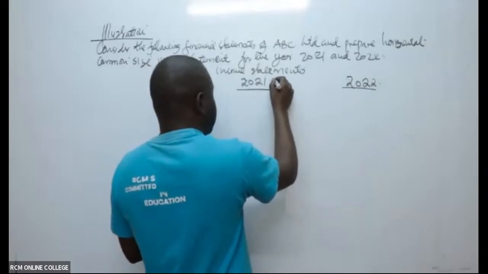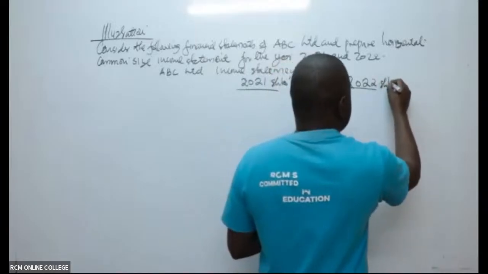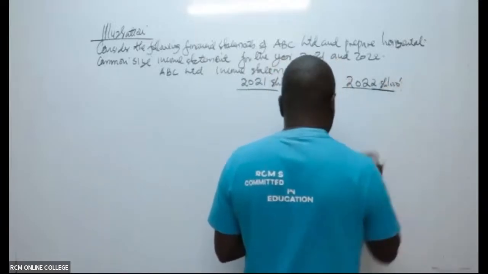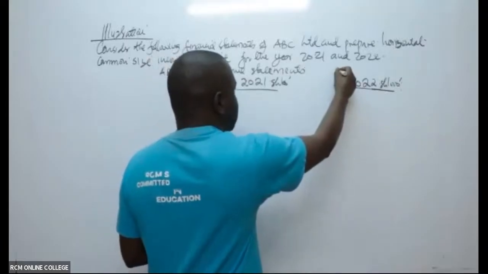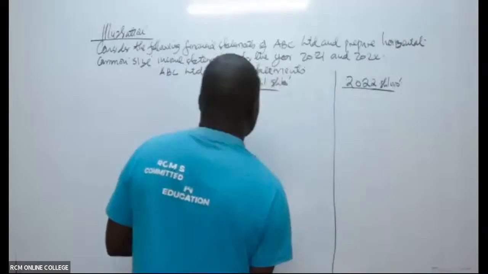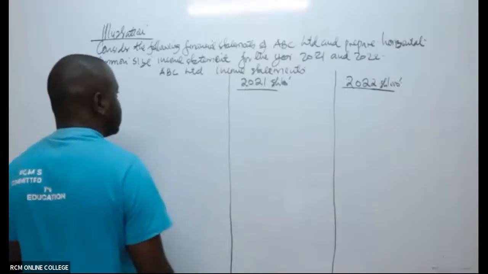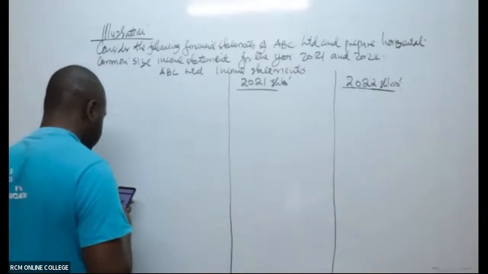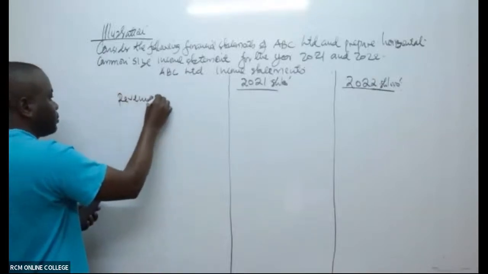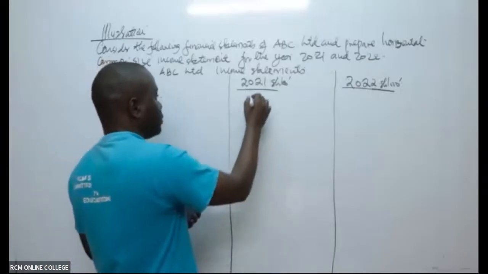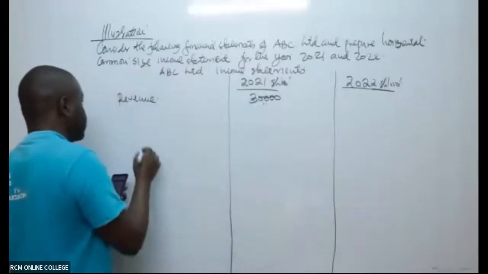Our shillings are in thousands. Then you can start with the revenue. Revenue here, let's say 30. So that is the first item. Then cost of sales.